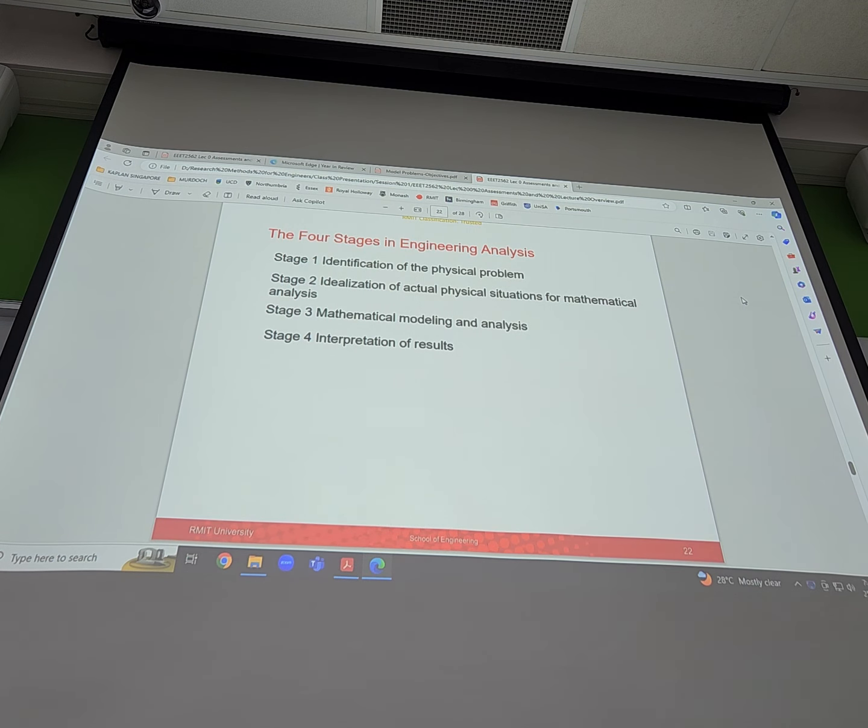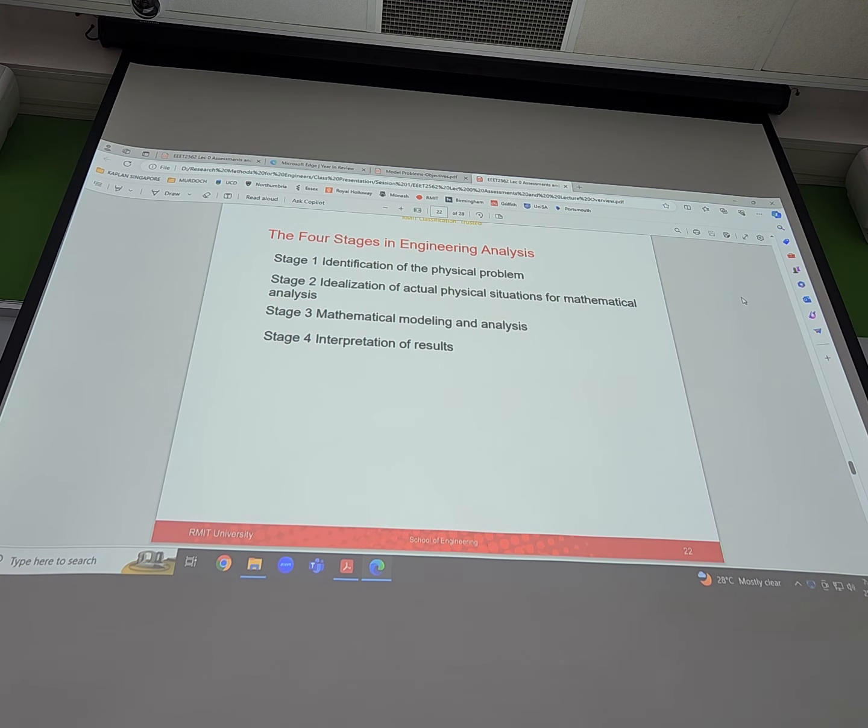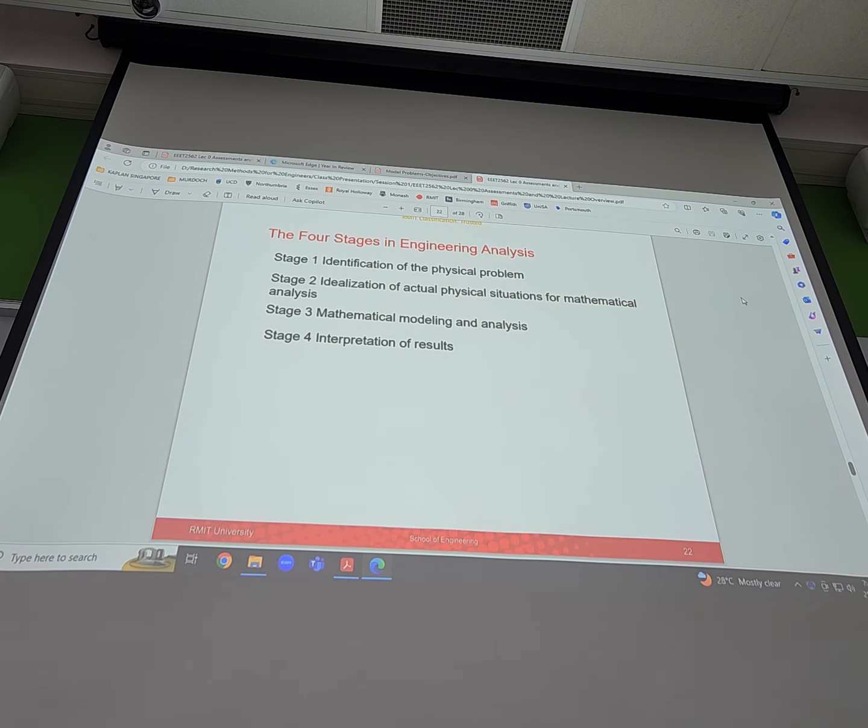Then you apply the mathematical model and analysis. In this part, you are going to use not only mathematical skills but also analytical skills and simulation skills. Then you are going to try to interpret the results. So this is the basic flow of engineering analysis.